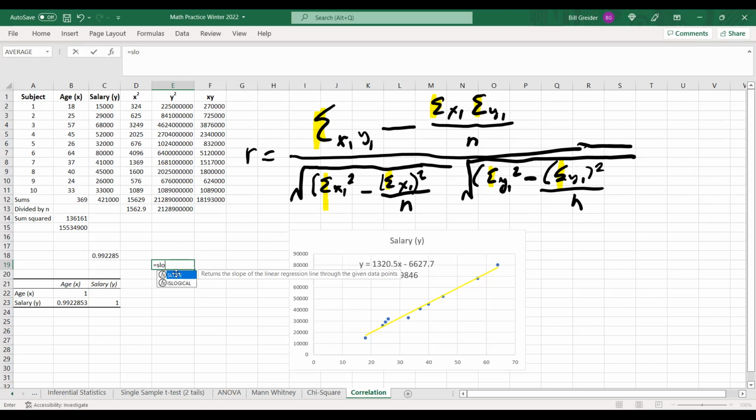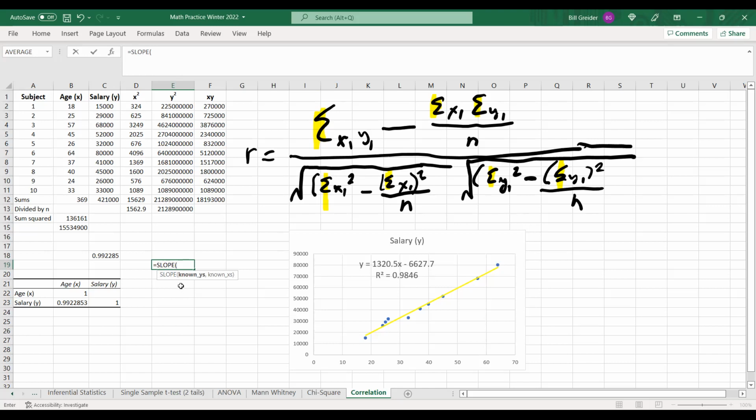And the slope of that yellow line, all it means is it's a number that represents the rise, like how far north it goes up, and the run, rise over run. So it's a coefficient of, for every 1 unit up, how far do I go over, right? So that's the slope of the line. And to get that, I know what I'm going to get, that 1320.5, but I just want to show you how to do it with the Excel formula.